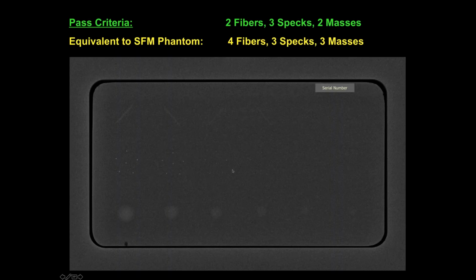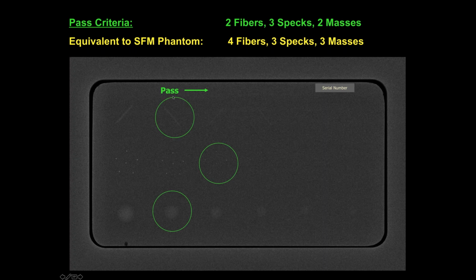So this is the blow up of the wax insert, and you can see across the top there'll be 6 total fibers, 6 total spec groups, and 6 total masses. There is a new pass-fail criteria, even though they are the same size as the screen film.